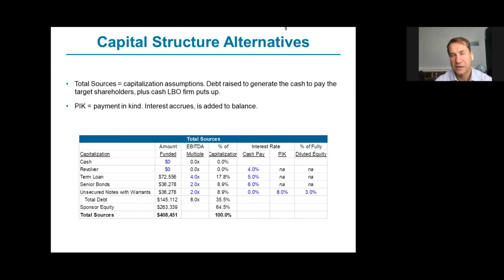The top line here is cash, so sometimes you could use cash from the target, if it had excess cash. But if you recall in our analysis, when we built the model, we already assumed that we will use all the excess cash.